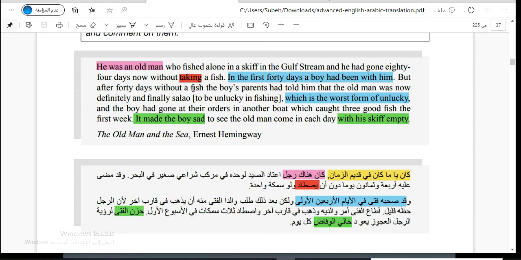So let's see how the translator translates salao, to be unlucky in fishing, which is the worst form of unlucky. Okay. Simply, without translating every word, he just translated it as لأن الرجل حظه قليل. And I want to tell you something: the lesser the translation is, the better it is.